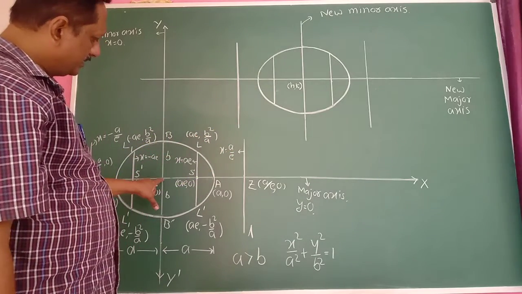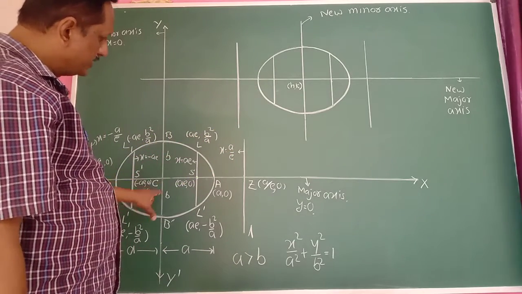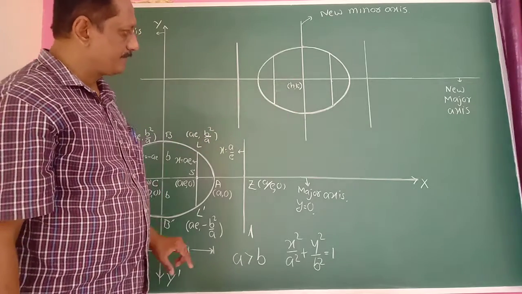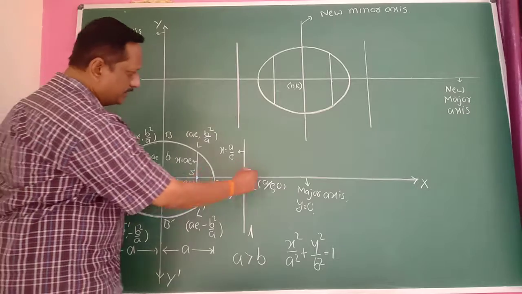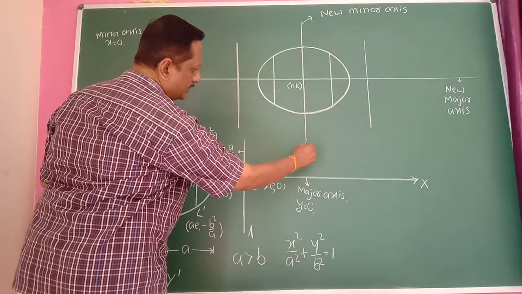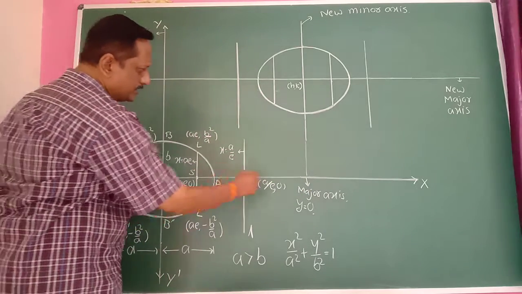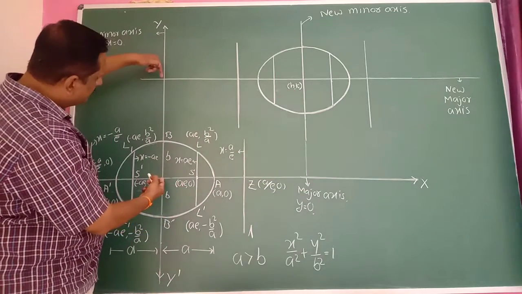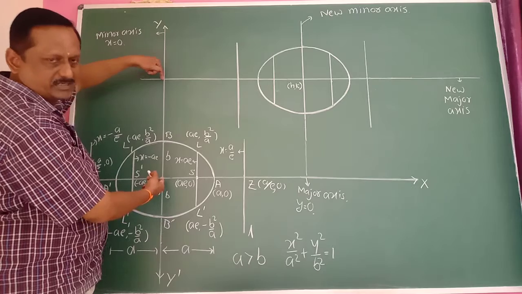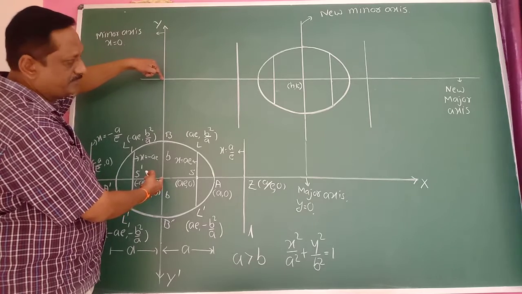You are changing the center from the origin to h comma k. This distance becomes h, and this height becomes k units.